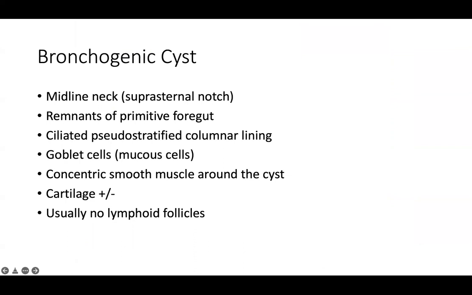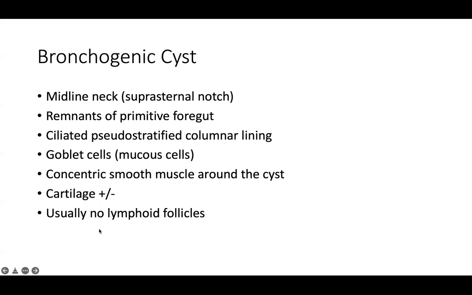Bronchogenic cysts often occur clinically at the midline neck above the suprasternal notch. This is considered remnants of the primitive foregut. You will find ciliated pseudostratified columnar lining. Think about the ciliation as relating to the airway, so bronchogenic cysts. You'll look for goblet cells or mucus cells, concentric smooth muscle around the cyst.